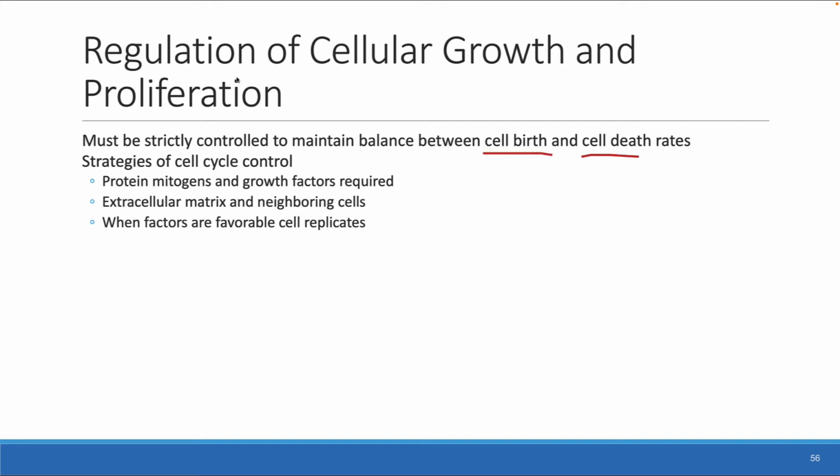Okay? There are effects that happen because of protein metabolism and receptors accepting growth factors, for instance. There's other growth that happens because of neighboring cells telling it to do so.